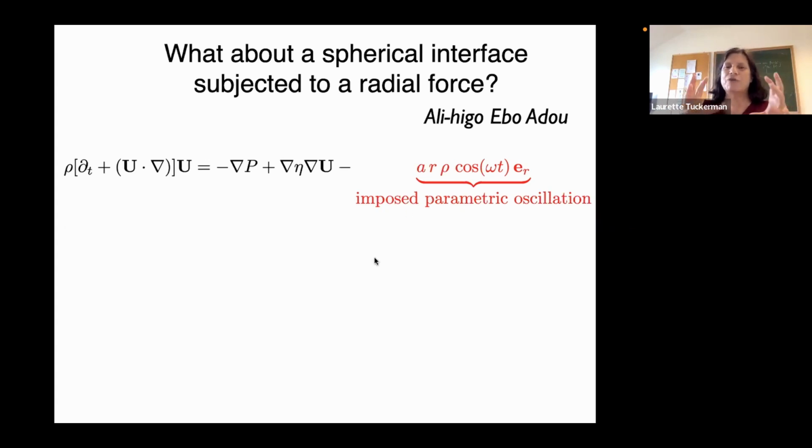You have to take off gravity, the one that goes down, and you have to have an oscillating force like that. People have tried to do this with various kinds of acoustics or magnetics or in space, but this is much harder to realize in the lab. So we're going to put in an oscillation like that.